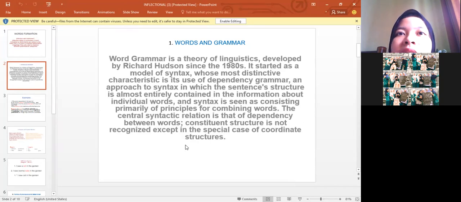The central syntactic relation is that of dependence between words. Constituent structure is not recognized except in the special case of coordinate structures.